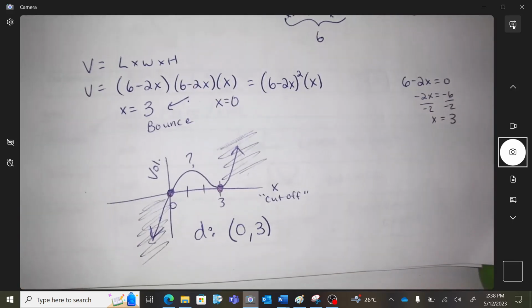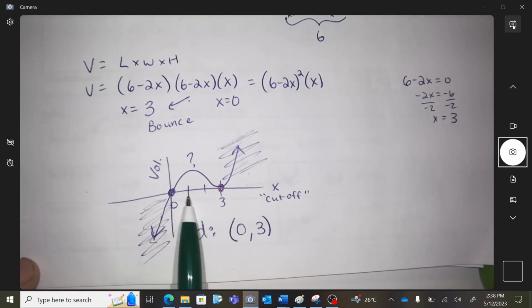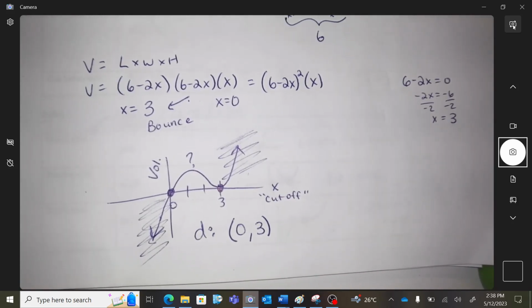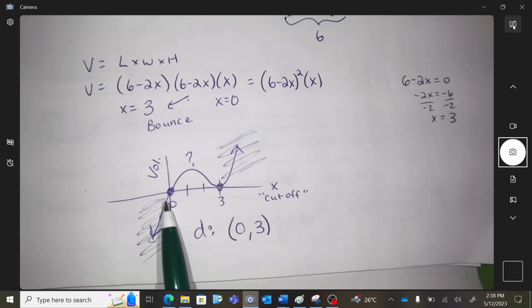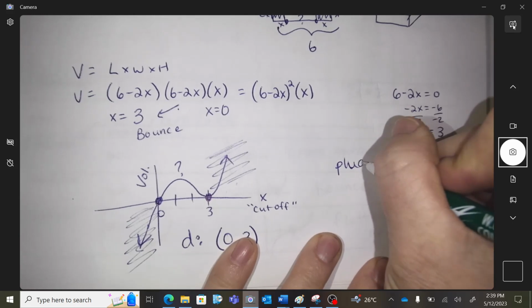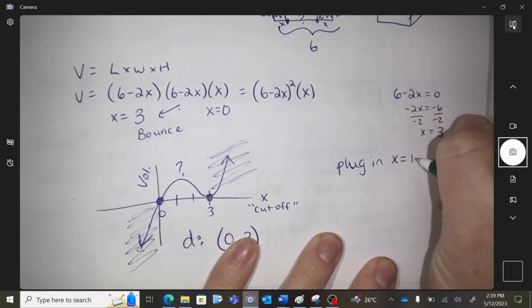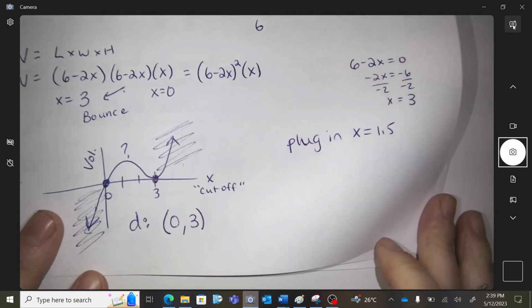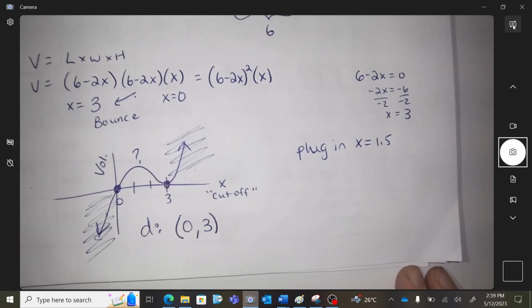Part D, estimate the max volume. So the max volume is in there somewhere. And we're estimating, so is it okay if I just plug in a 1.5? You see where I would just estimate? There's a 0, there's a 3. I'm going to plug in an x of 1.5. It's not going to be the max necessarily, but it's an estimate.